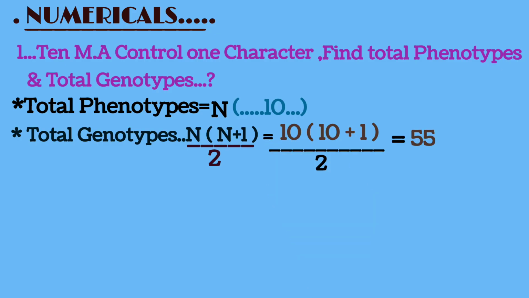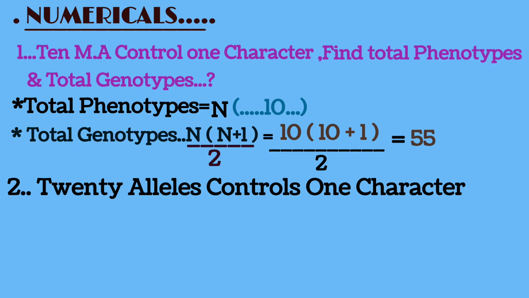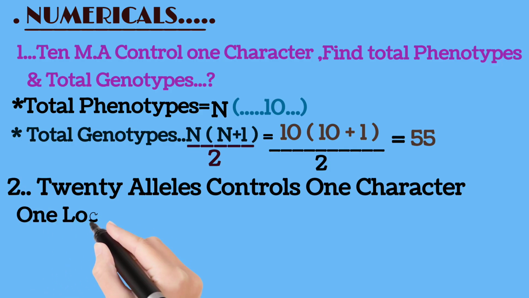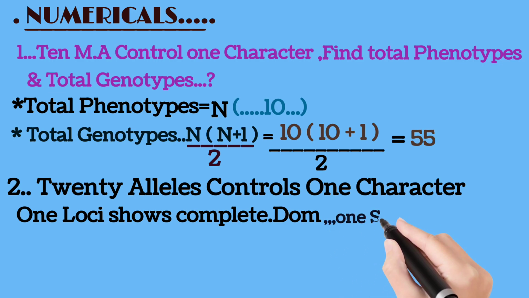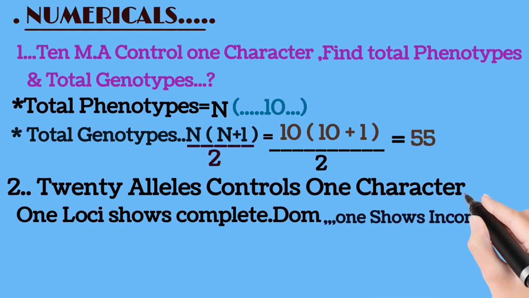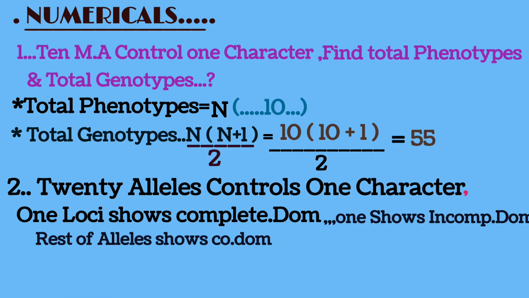Now talking about the second very important case. 20 multiple alleles control one character, in which one locus, meaning 2 alleles, shows complete dominance and the next allele pair shows incomplete dominance gene interaction. Now the rest of the alleles show what we call codominance gene interaction.